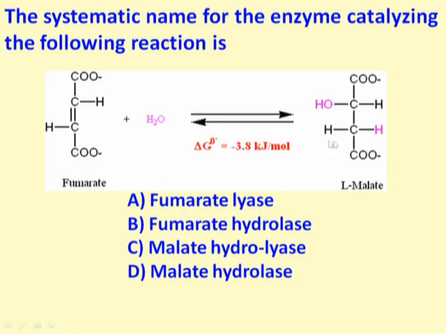By understanding this aspect of the reaction, we see that the water molecule, although from the forward direction it is added, there is no bond that is broken. So it cannot be a hydrolase, and it has a good chance of being a lyase. The lyase nomenclature is the substrate, then the group that is removed, followed by lyase.